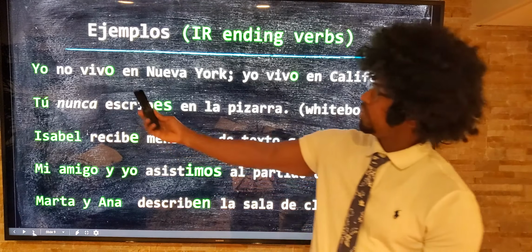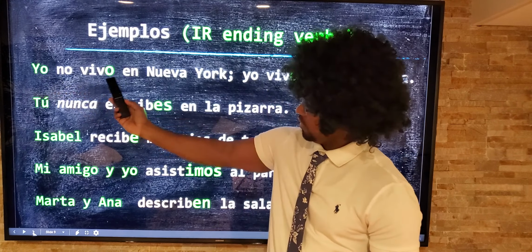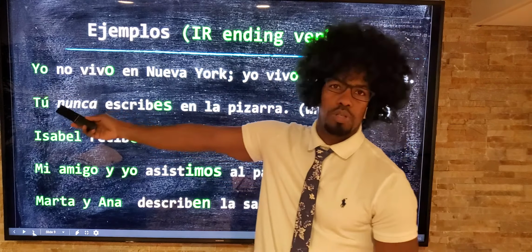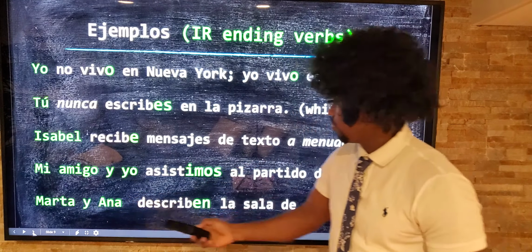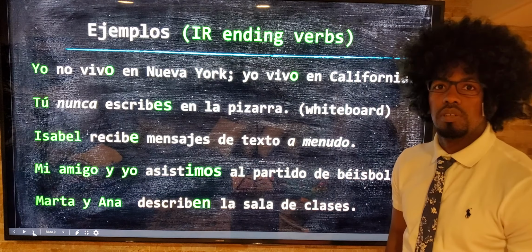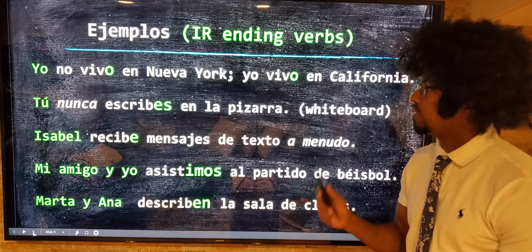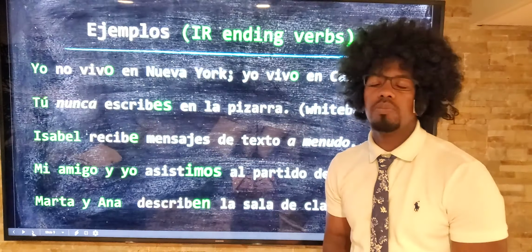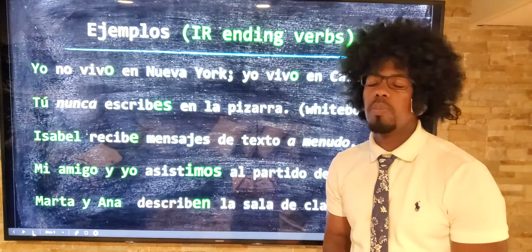Again, you notice that the ending is according to the person doing the action. Tú, es. Ella, e. Nosotros, imos. Ellos, en. Okay, so always keep that in mind, that the subject has to agree with the ending of the verb that you are putting there, the new ending.